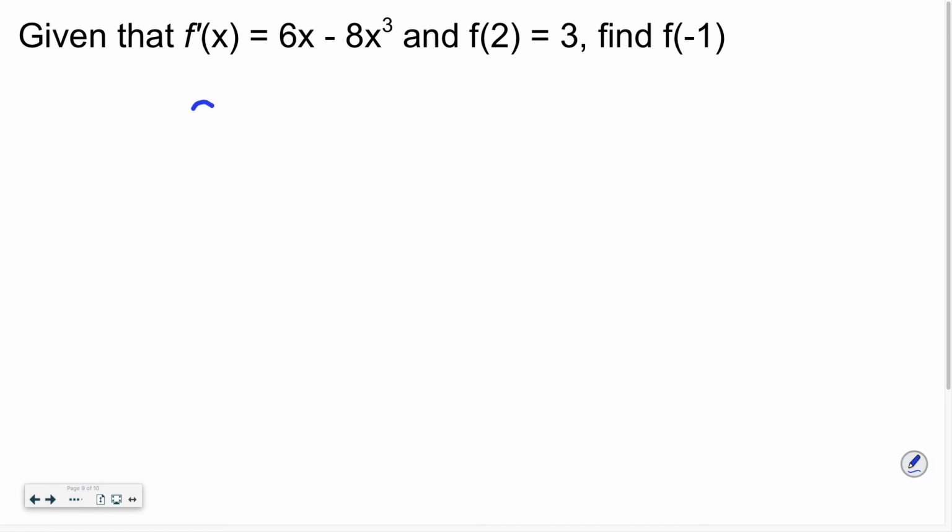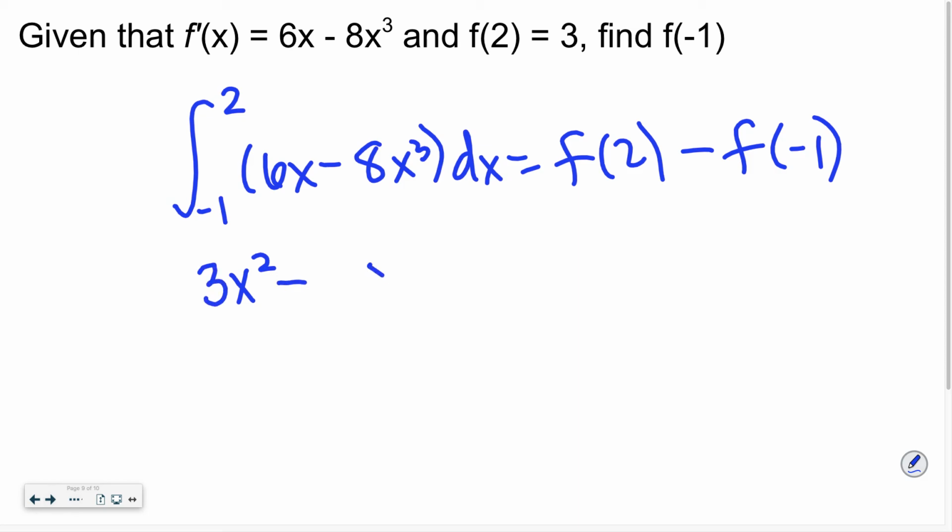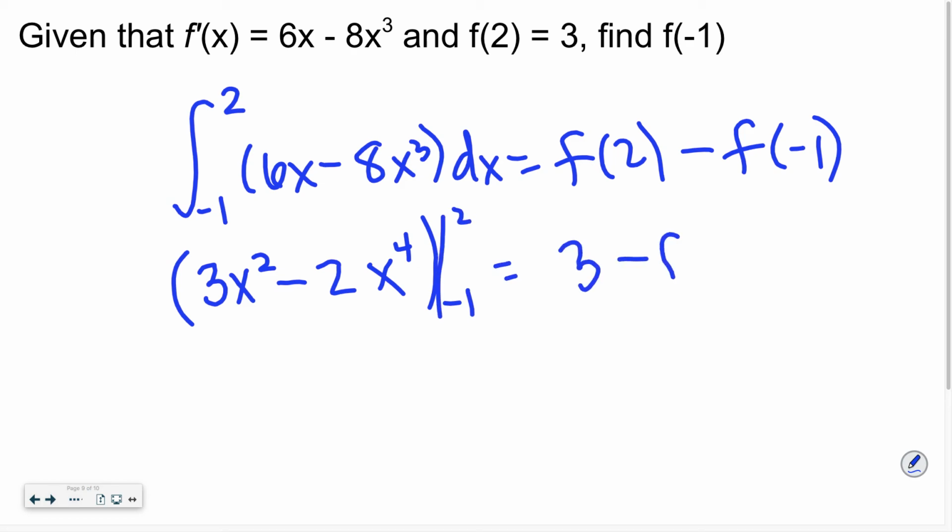Okay, so as I've been walking around, we should have the integral from negative 1 to 2 of 6x minus 8x cubed dx equals f of 2 minus f of negative 1. So what's our antiderivative here? 3x squared minus 2x to the fourth, evaluated from -1 to 2, equals f of 2 minus f of -1.